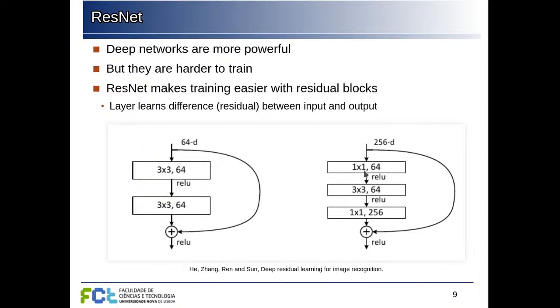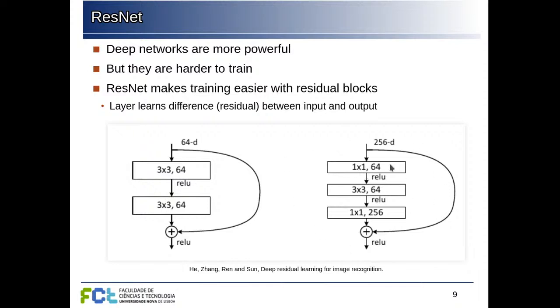So one by one kernels are a good way of compressing the large number of feature maps into fewer feature maps while preserving all the spatial information. So it's not mixing pixels one with the other, it's just mixing the feature maps in the same pixel.